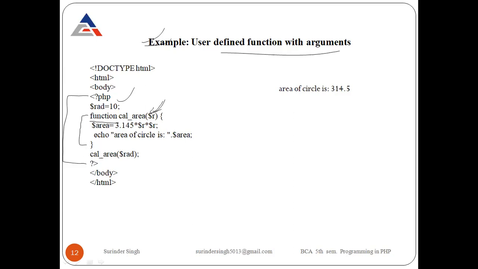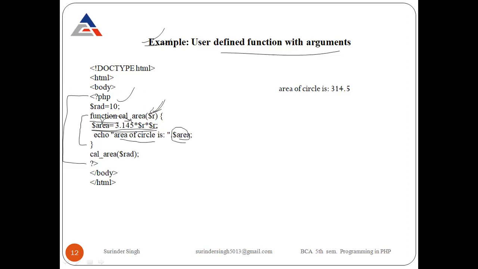In this function we are calculating the area of a circle, and this is the formula, pi r square. This is the value of pi, and we multiply r two times for scaling. After calculating, the result will be stored in the area variable, and we are printing the area of the circle.